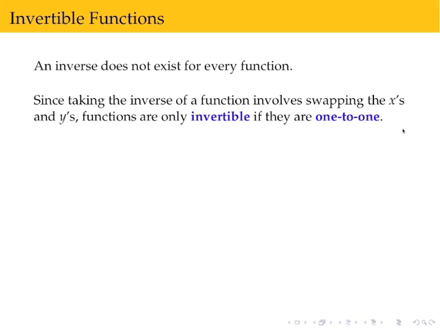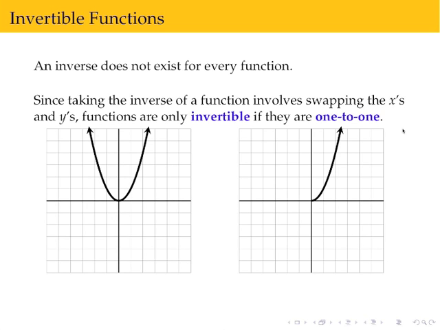So let's look at some graphs, some examples here. So this is our old friend, the squaring function, y equals x squared. This is not one-to-one. It's not invertible.